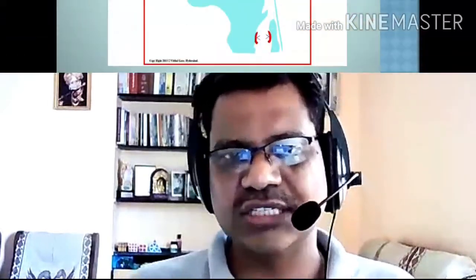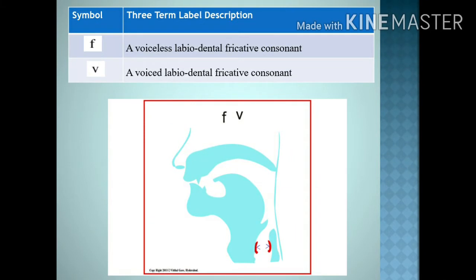Let us go to the next sound here. Now I am getting into the fricative sounds. There are nine fricative sounds in English phonetics, and the first pair of them is f, v.